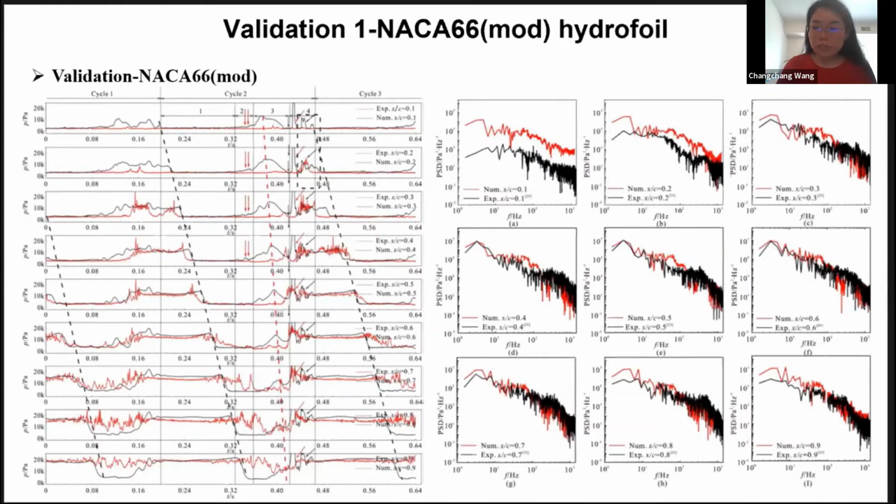Then about the spectrum, we can see the decay rate between the numerical prediction and the experiment data, where a difference occurs at the cavity leading edge, and although there's a difference in the pressure magnitude, the decay rate is still in agreement. This magnitude problem could be caused by the instabilities at the cavity leading edge.